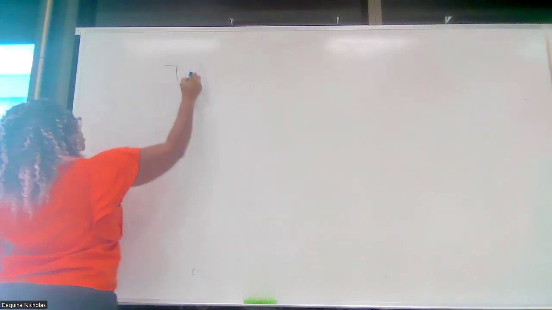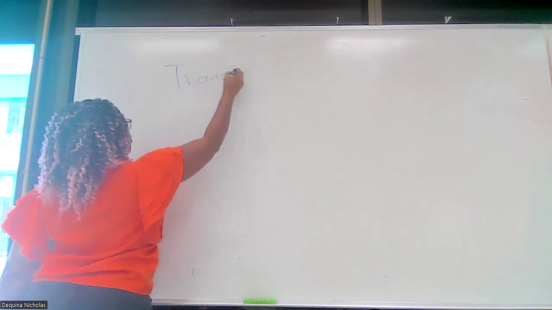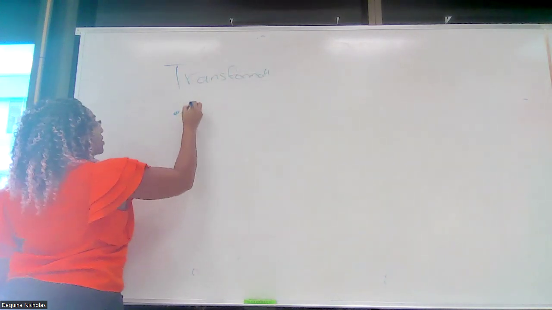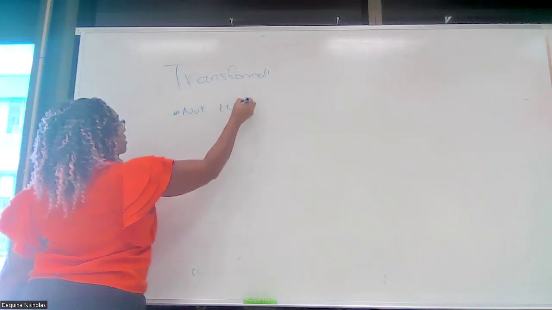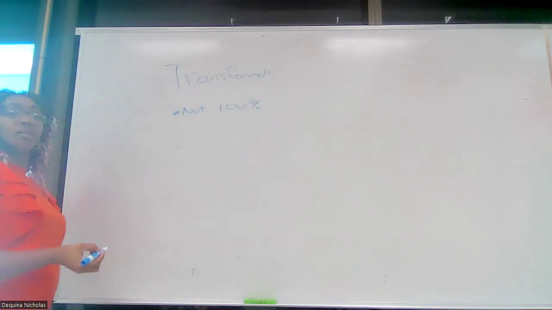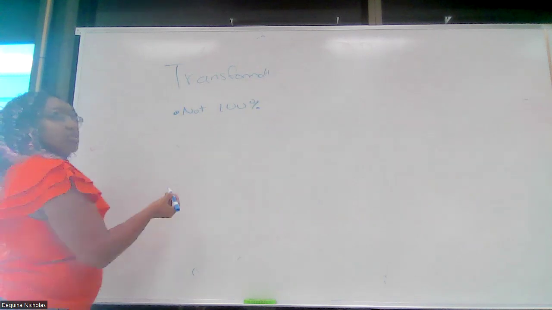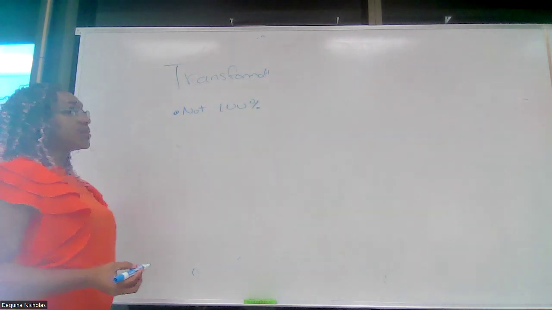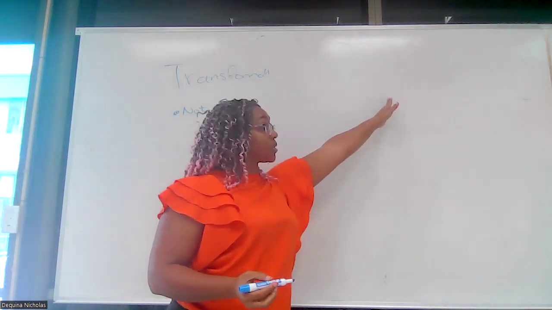So this is a hypothetical. I'm going to start off: what do we know about transformation? Okay, so it's not 100% efficient. Anything else that we know? That's selection afterwards.